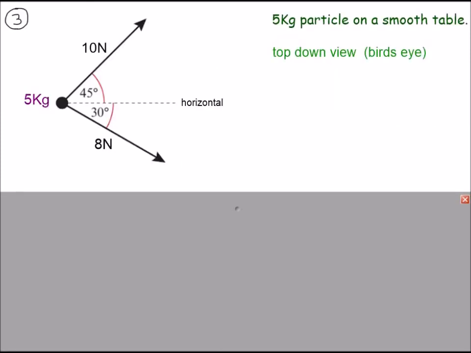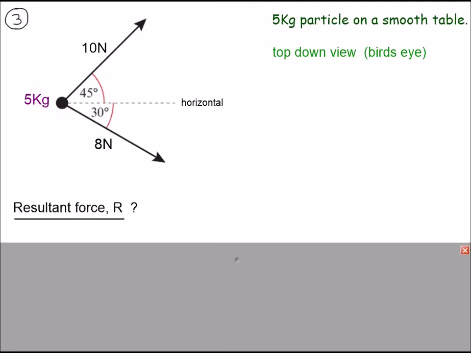Example 3, we have a 5 kilogram particle, and it is acted upon by these two forces at these angles to the horizontal, so 45 degrees above the horizontal, 30 degrees below the horizontal. And we're looking at a top-down view, a bird's eye view of this system. So to work out the resultant force on the particle, which is a combination of both of these forces, we will resolve these forces into their horizontal and vertical components.